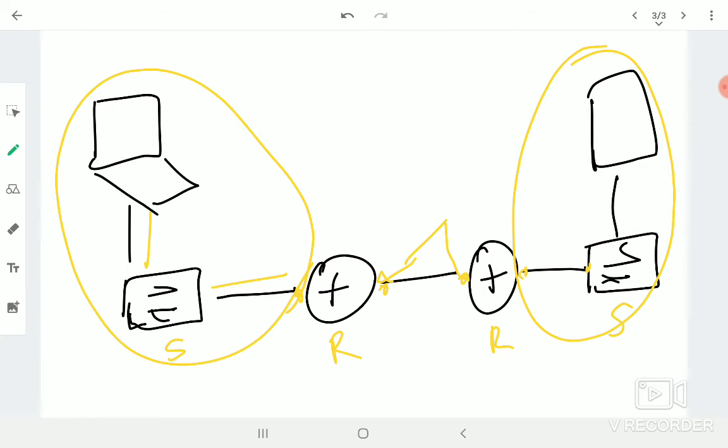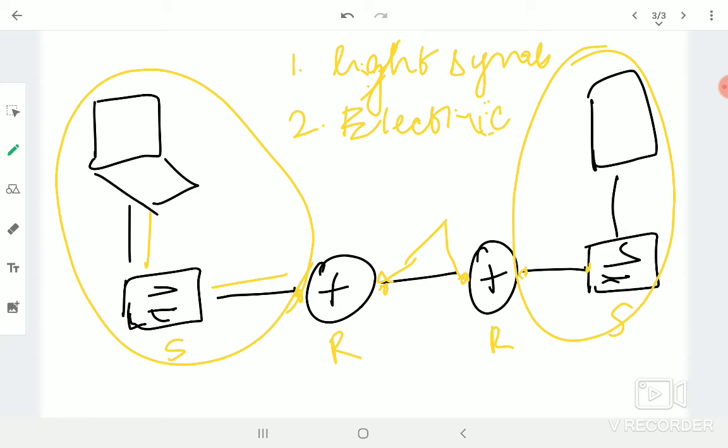Every interface of a router is a network, right? So we can make sure that the communication happens. We can plug in a fiber cable, so the communication will happen with the help of light signals. We can also connect copper cables, then the communication will happen over electrical signals, right?